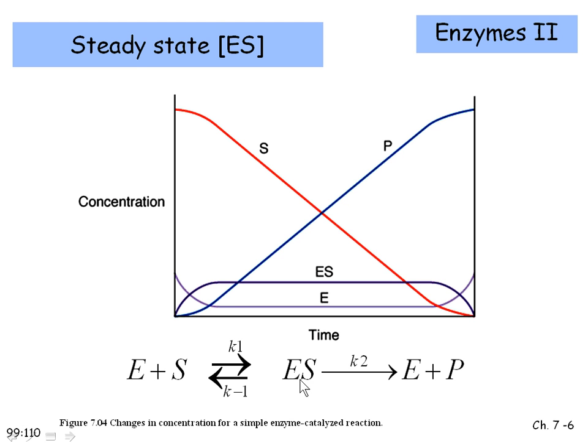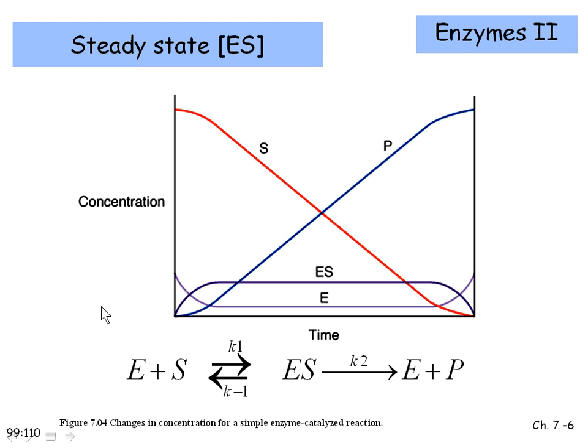The enzyme-substrate complex at this point has two choices, to speak anthropomorphically. It can either go ahead and make product, and that would be K2, the rate of the second step, or it can fall back into enzyme and substrate. It can be unproductive, and that's the reverse of K1, or K minus 1. So this shows you what the possibilities are for that enzyme complex. Either it's going to be productive or it's going to fall apart and it'll have to try again.